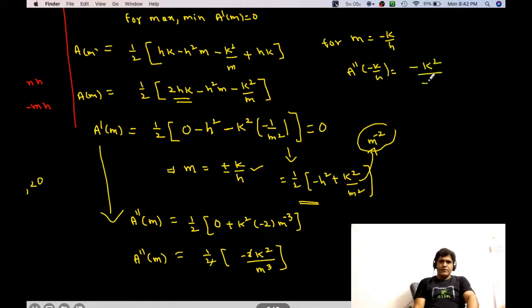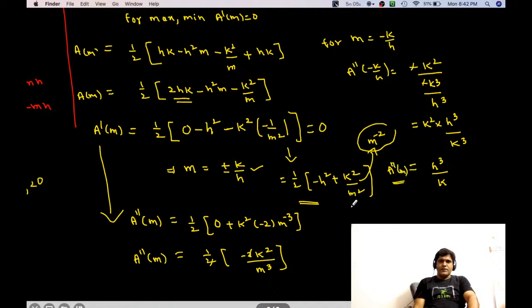Here m cube is equal to minus k cube by h cube, so the minus cancels. Therefore k square times h cube by k cube. So this is equal to, here k square cancels, h cube by k. This is A double dash m.